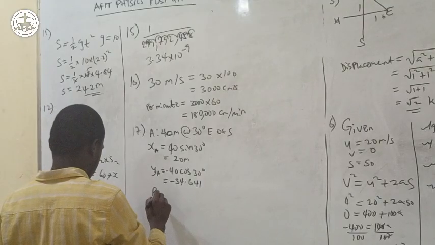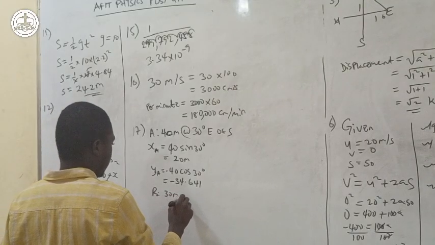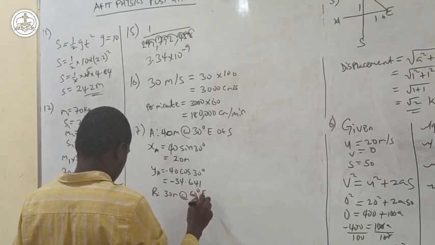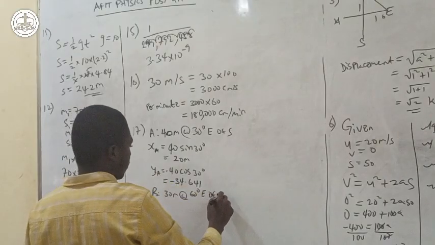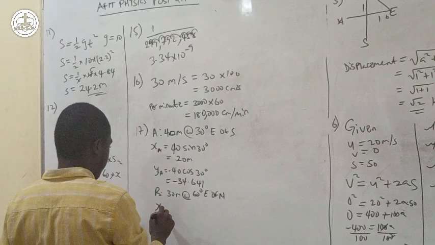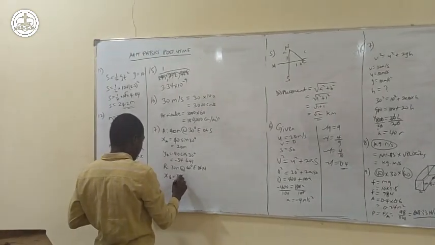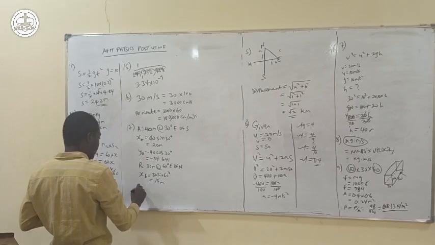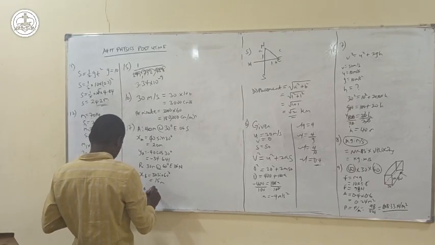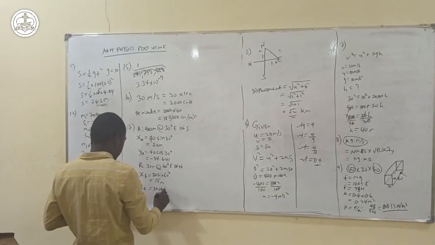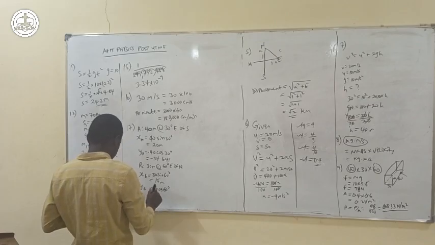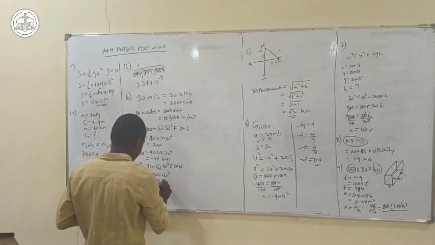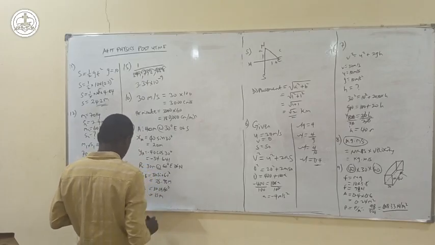For player B, 30 meters at 60 degrees east of north, the x component of B is 30 sine 60 degrees, which is equal to 25.98 meters, and the y component of B is 30 cos 60 degrees, which is equal to 15 meters.